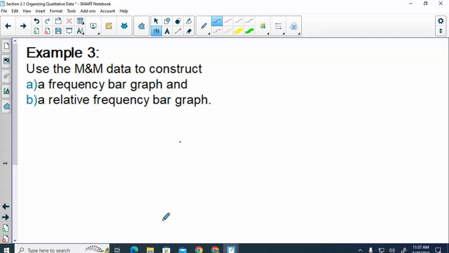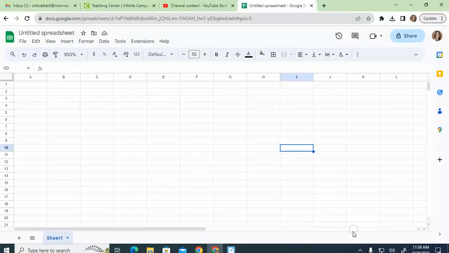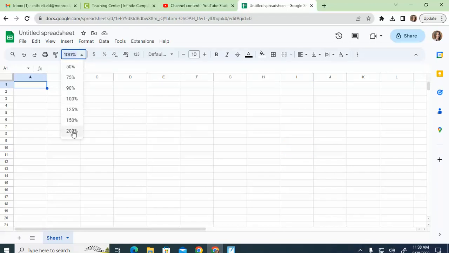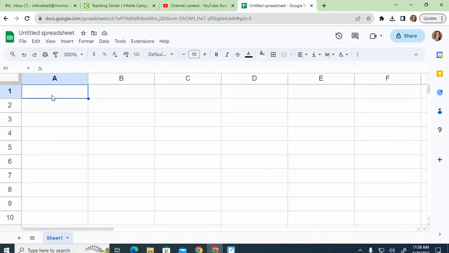So to make a table in Google Sheets, go ahead and open that up for me. First we are just going to input all of our data. I'm going to type the colors and frequency. And notice I'm going to go ahead and label those columns.